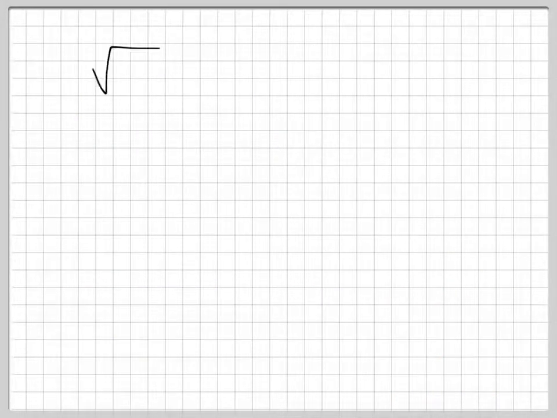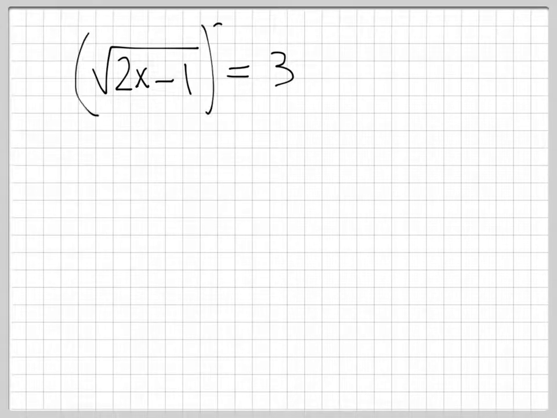Let's try radical 2x minus 1 equals 3. So again, we square both sides because, well, let's look at the order of things happening to x. The closest thing to the x is multiplying by 2.